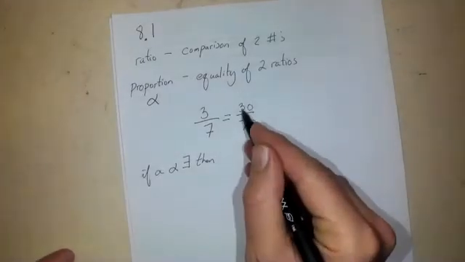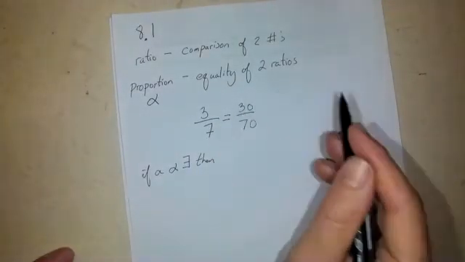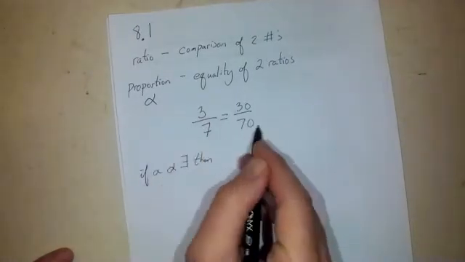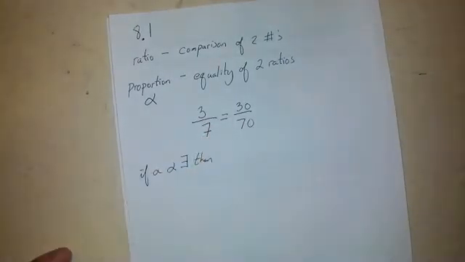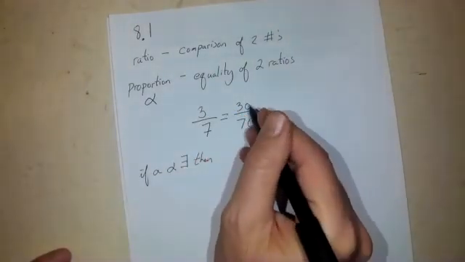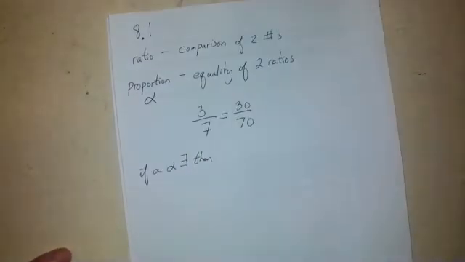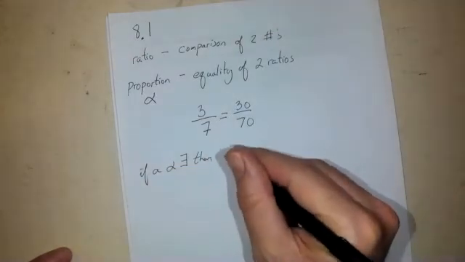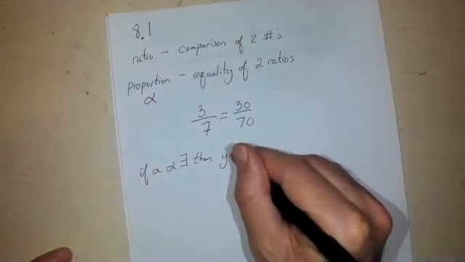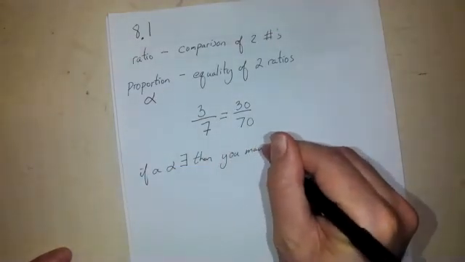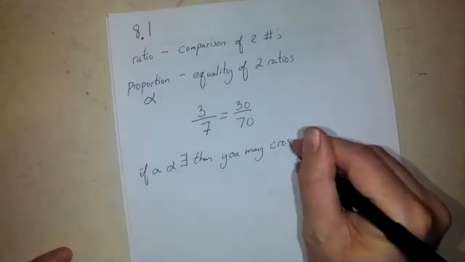Means being the two numbers closer to the center, and extremes being the two numbers which are further out. So 3 times 70 should equal 30 times 7. Of course, they both equal 210, so it looks good. If a proportion exists, then you may cross multiply.